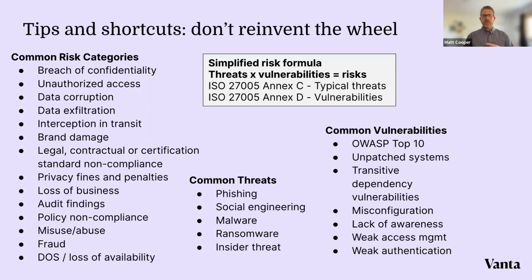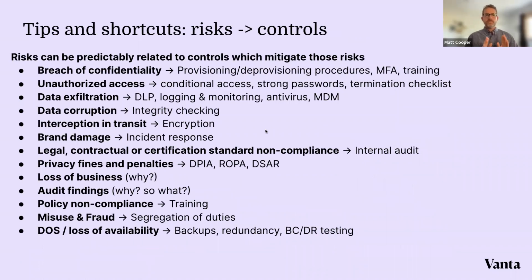Okay, so I'm going to talk about how these tie together a little bit, because there's going to be some handy formulas in my next slide. Okay, risks and controls. So you have certain risks, and there are certain controls that mitigate those risks. And these are common pairings, right?